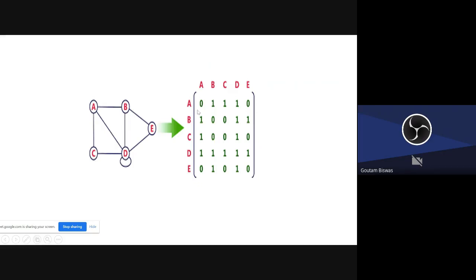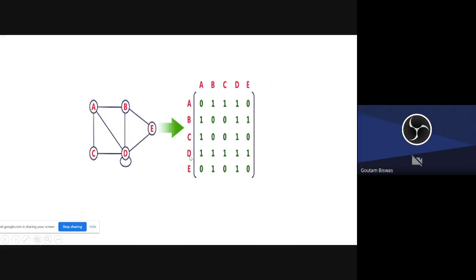And from C to A, one edge; C to B, no edge; C to C, no edge; C to D, one edge; C to E, no edge.